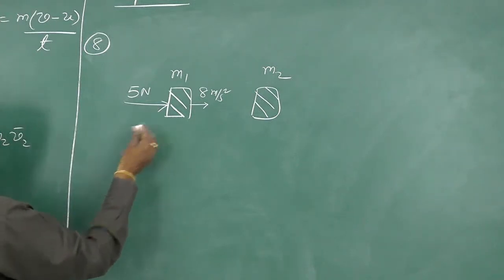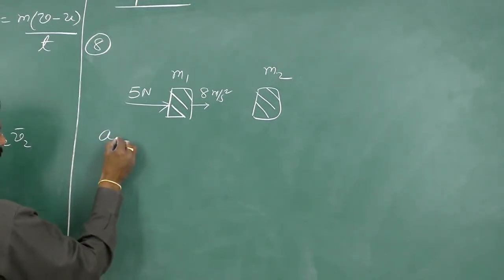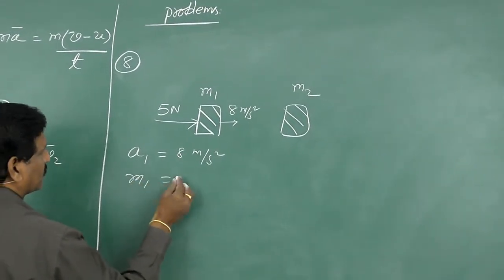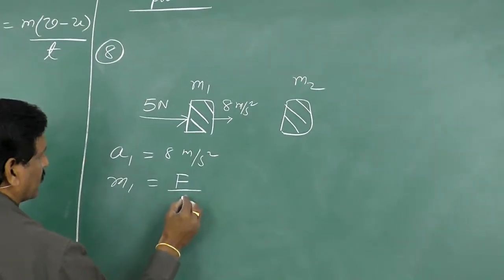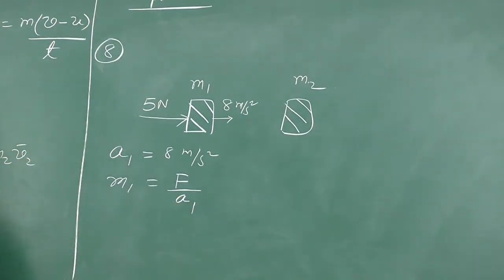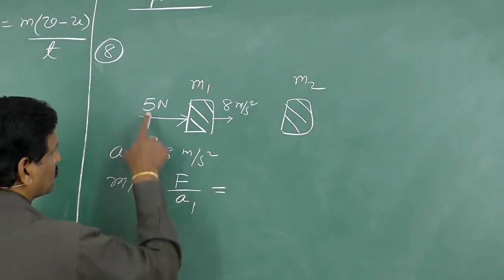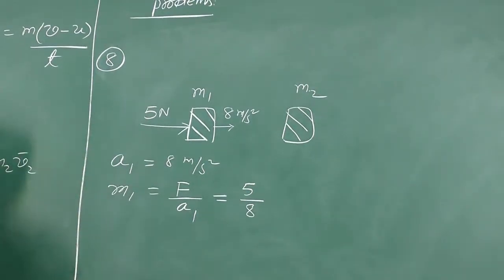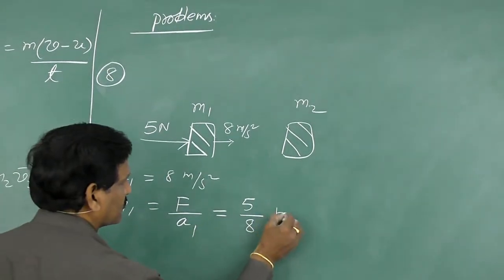So for this, if you take acceleration a1 equal to 8 meter per second square, mass m1 is equal to F by a1, because F is equal to ma. So m1, the mass of the first body, equals force acting on the first body by acceleration produced in the first body. So here force is 5 Newton. So 5 by acceleration produced here is 8. So m1 is equal to 5 by 8 kg.